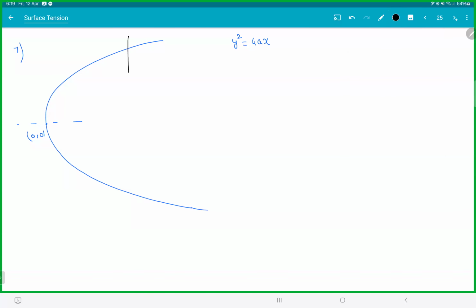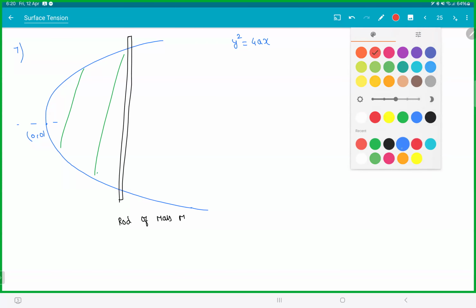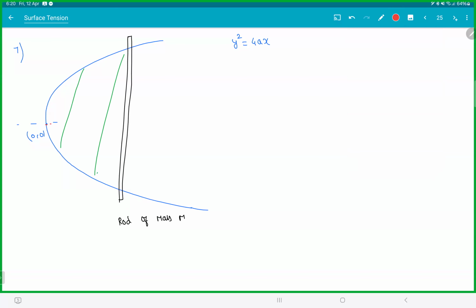So we have a rod here. Rod of mass m. And there is a soap film here. So initially this distance is a. The rod is given velocity, initial velocity is u. This is the top view, okay? There's no gravity.